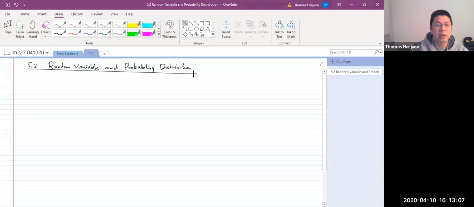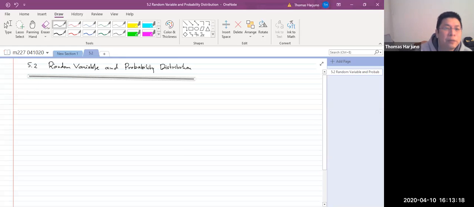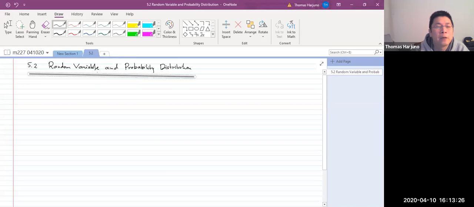What makes this section on the harder side is actually the definition of random variable and the difference between random variable and sample space. Okay, what is random variable to start with?